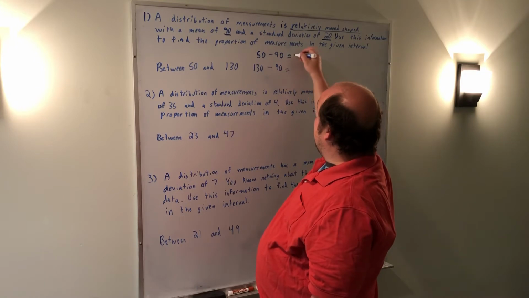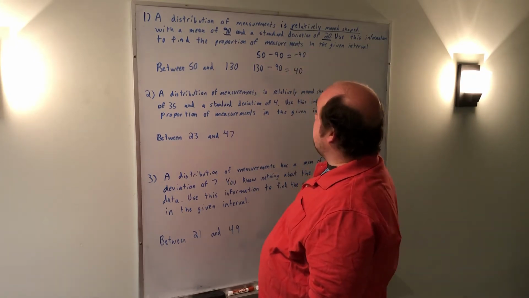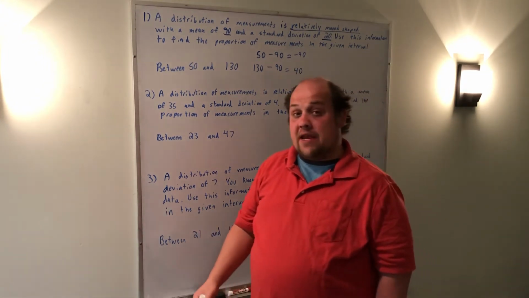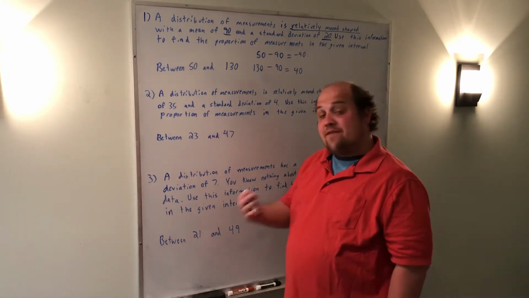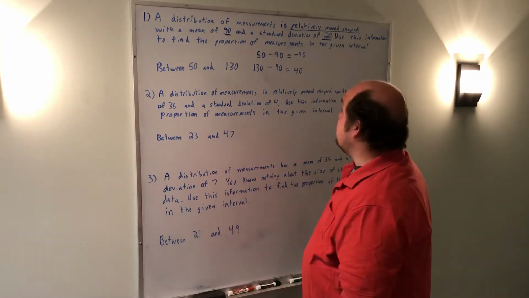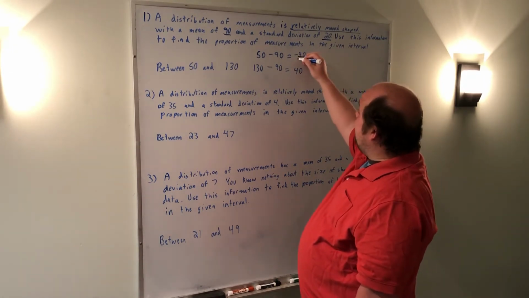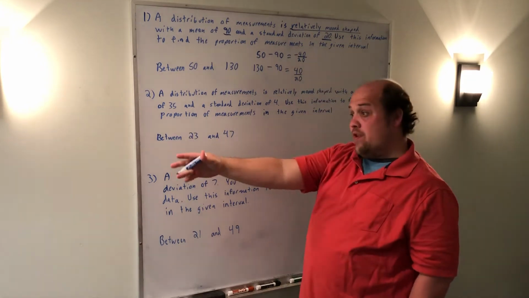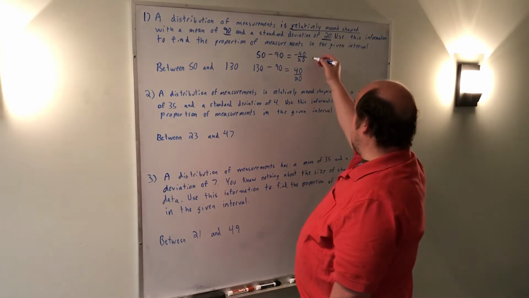When I do it for 50, I get negative 40. When I do it for 130, I get positive 40. That tells me the raw distance that I've moved from the mean. So I move 40 to the left, I move 40 to the right. But that 40 has no context without the standard deviation. With the standard deviation of 20, I can divide by 20 to say, I know I went 40 that way, I know I went 40 that way, but how many standard deviations was that?